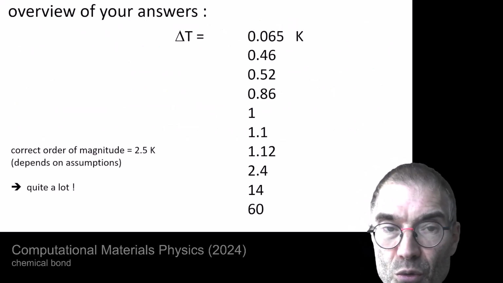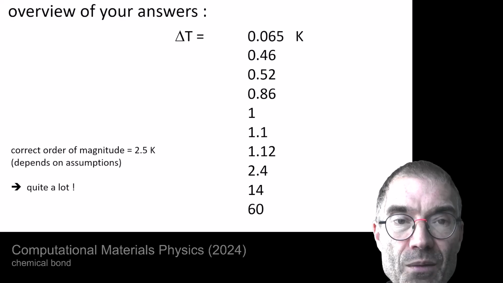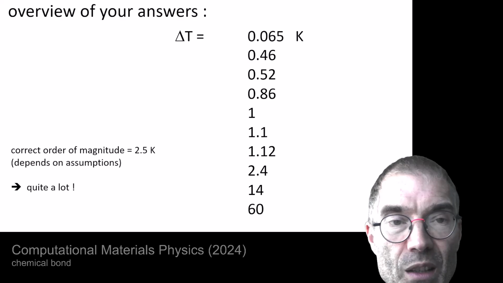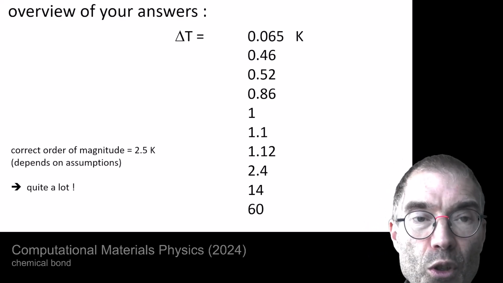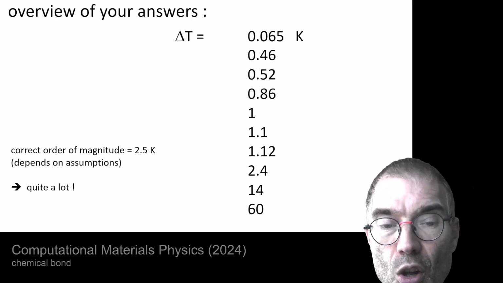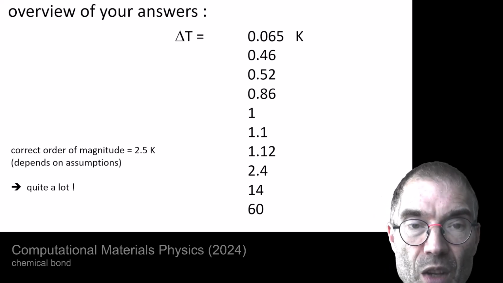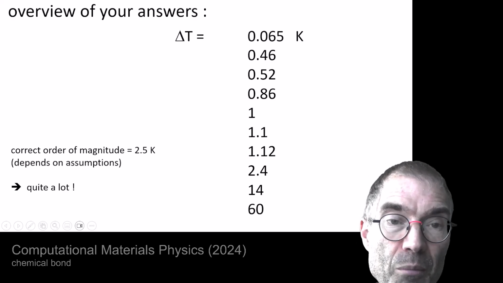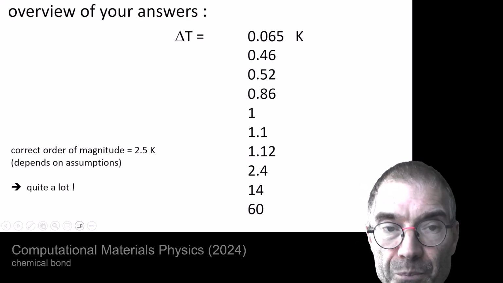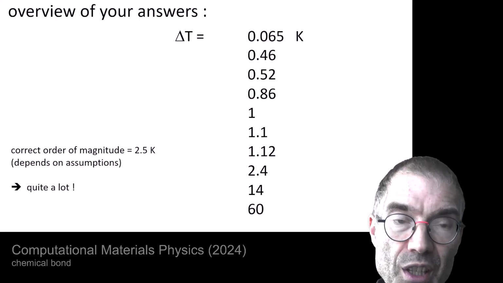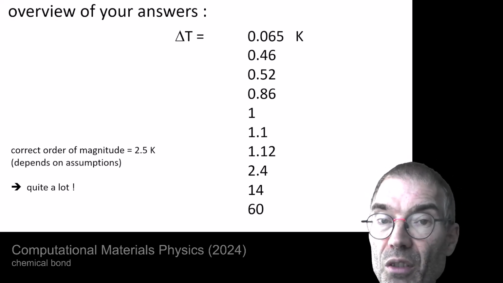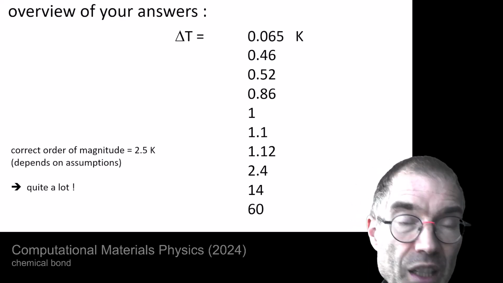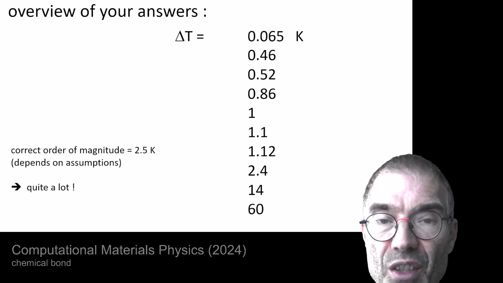I asked you to calculate that temperature rise, and there was quite a range of values. Something barely noticeable, 0.065 degrees, up to 60 degrees. But most of the answers centered around the order of magnitude of 1 degree. Well, this was an exercise where you have to make several assumptions, so there is not one unique correct answer.